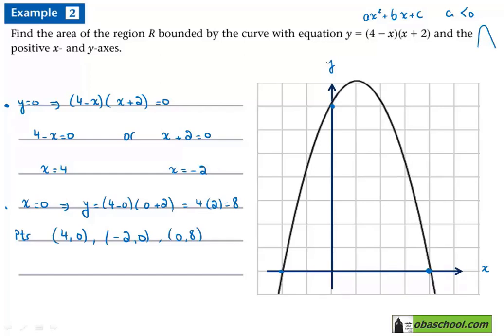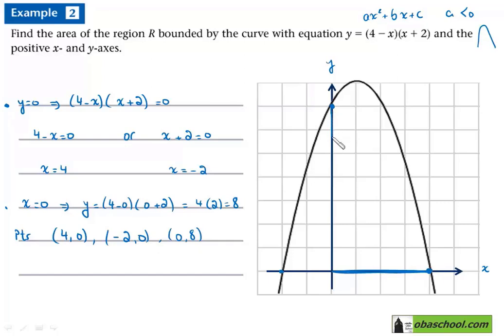The region R is bounded by the curve, this is the curve, and the positive x-axis, if you look at the coordinates, it is here, and the y-axis, so this is the y-axis here.